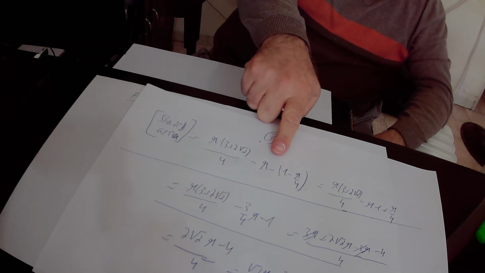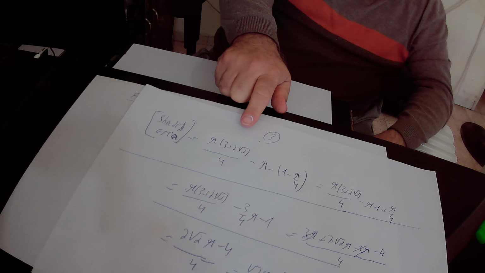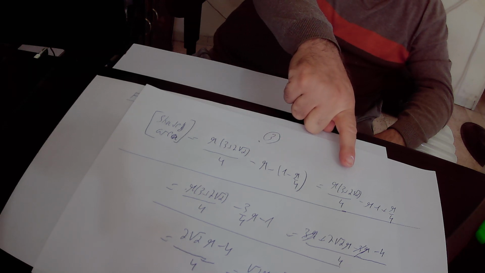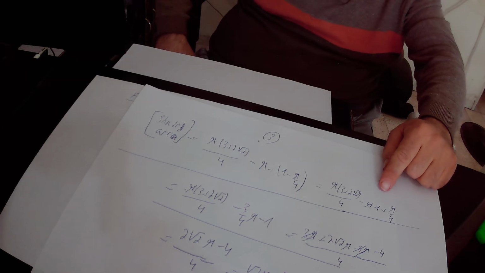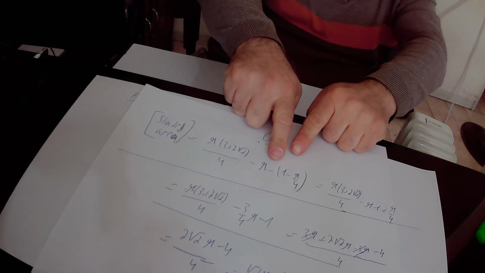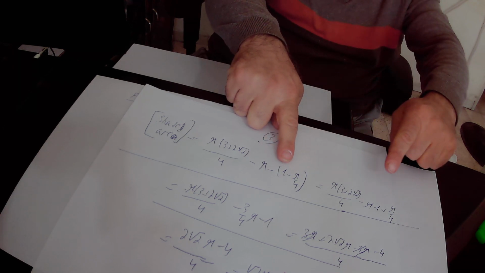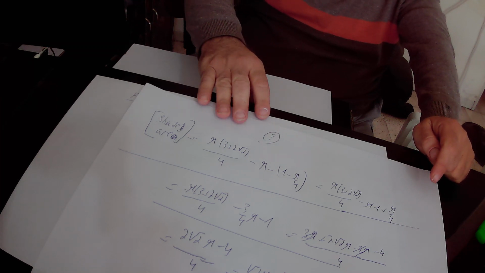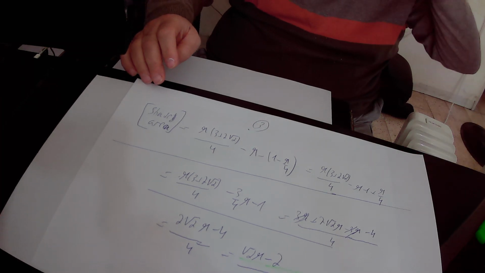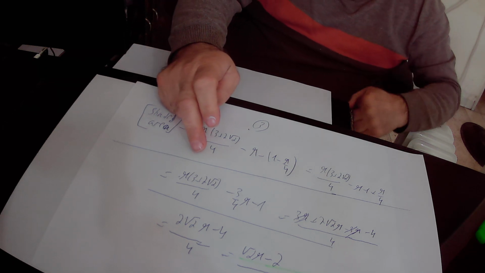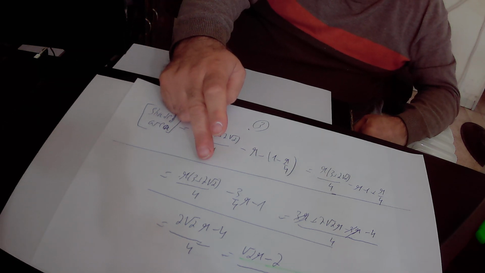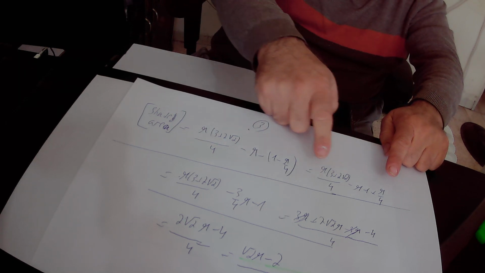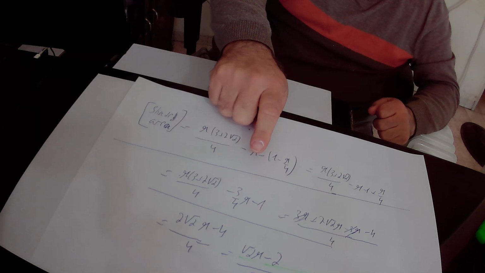Here we open the brackets and found out that the value of the shaded area equals pi times 3 plus 2 times square root of 2 over 4, minus pi, and after we open the brackets we have here minus 1, and minus times minus is plus, so it is minus 1 plus pi over 4. So in conclusion, the value of the shaded area equals pi times 3 plus 2 times root of 2 over 4, and here we have minus pi plus pi over 4 is minus 3/4 pi, minus 1.